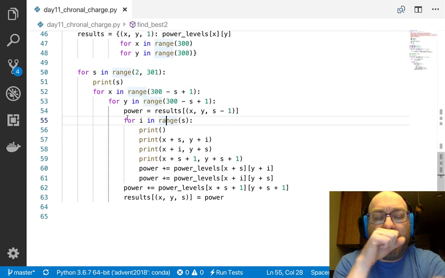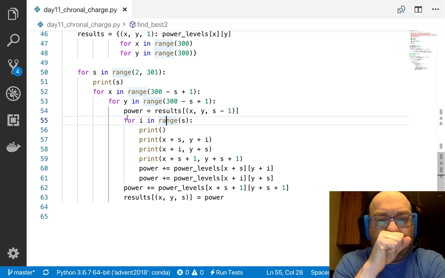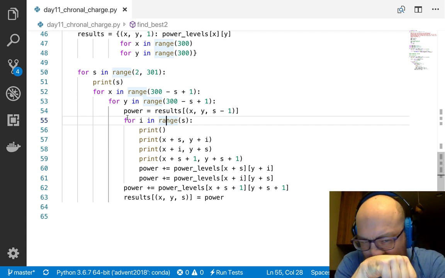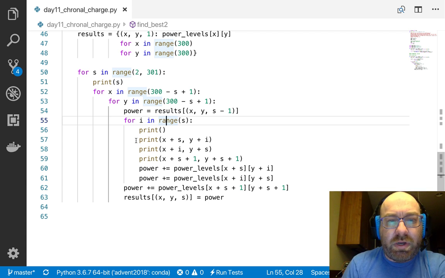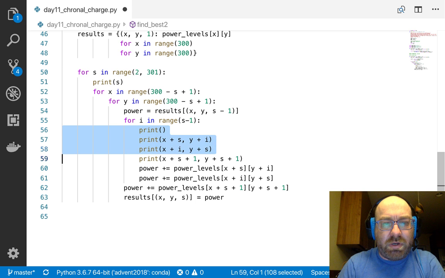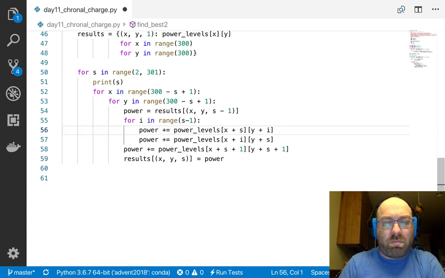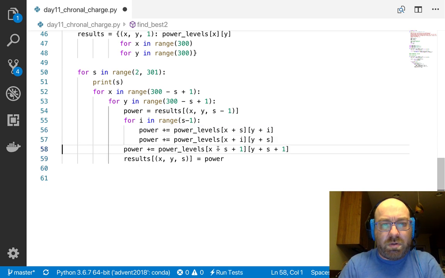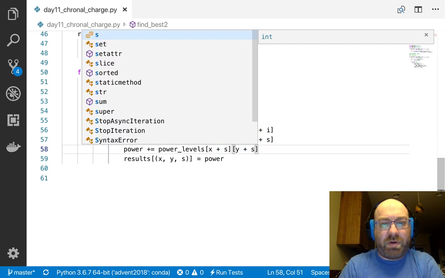300. So oh, so this is not quite right. So what I need to do here is s minus 1, and then x plus s and y plus s, and I think that will be right.